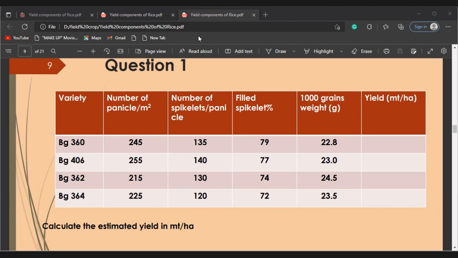First, within 5 minutes, calculate the yield of variety BG 360. If you finish early, I can wind up the class early. For that calculation, you only have to know the basic facts; if there is a modified question, you can do it if you understand. I want the answers through the chat box. If you finish, send a message with the yield and the variety.